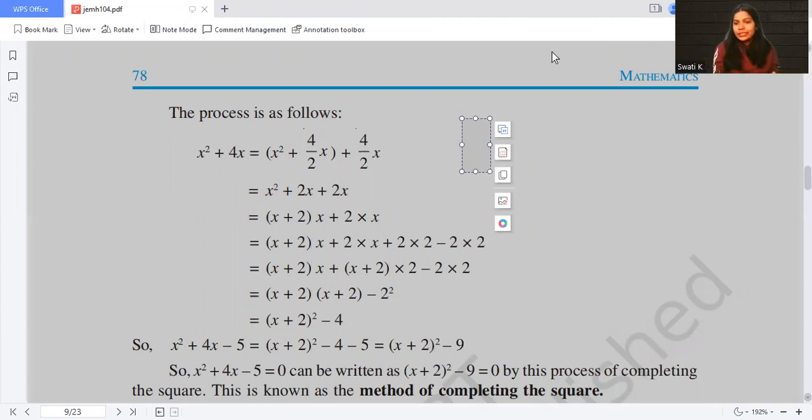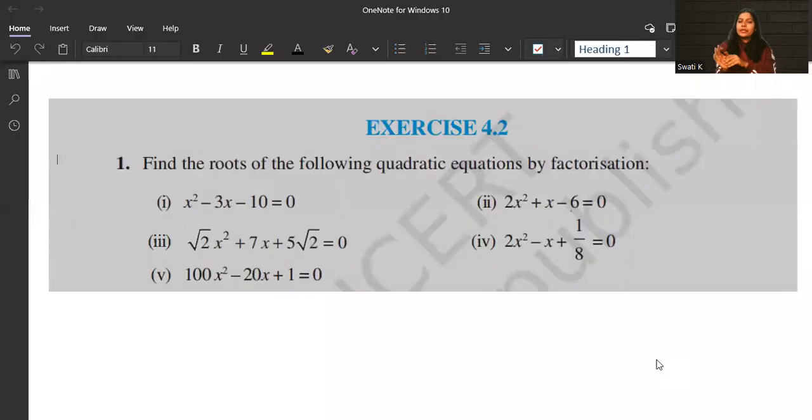So let's quickly solve some NCERT questions where you have to find the roots of the quadratic equations not by factorization, but by the completing the square method.